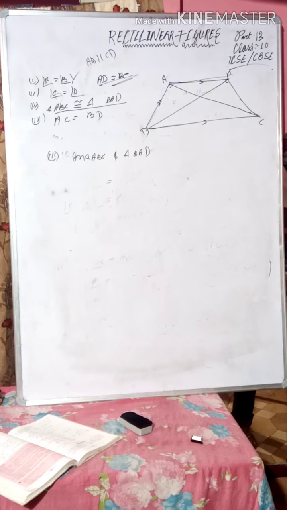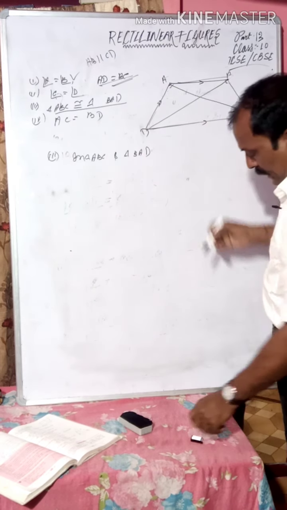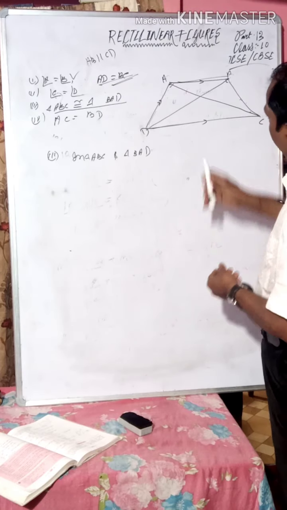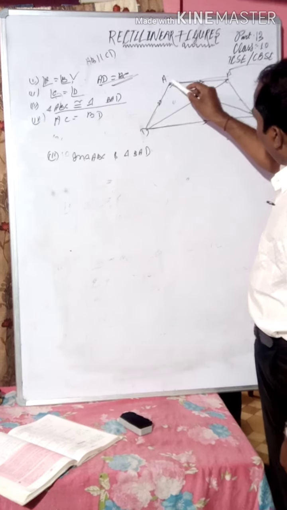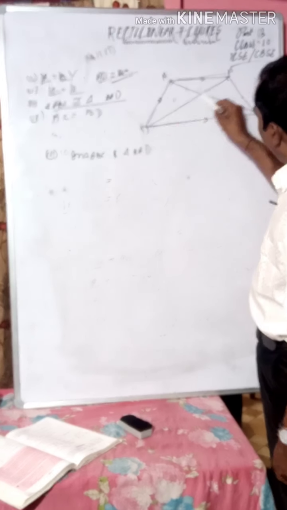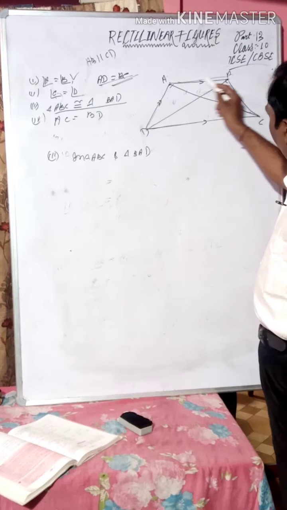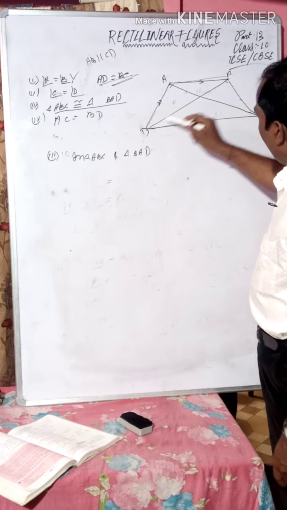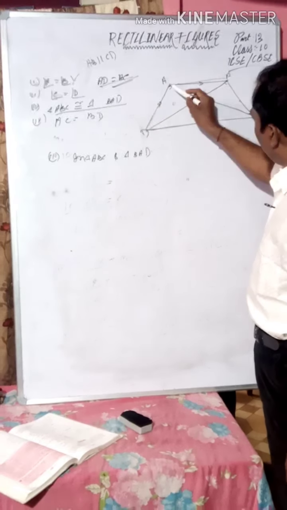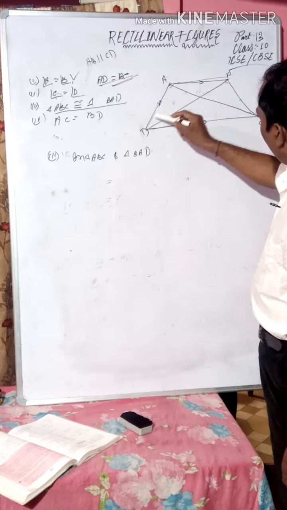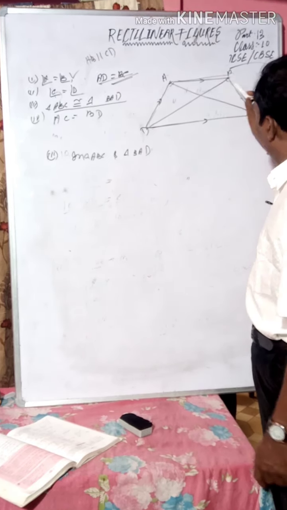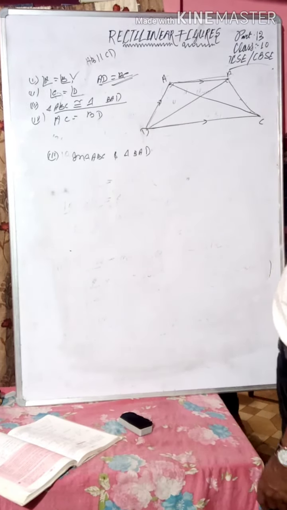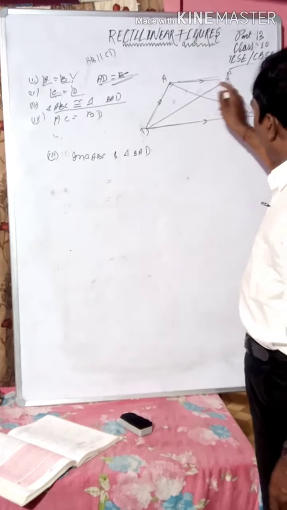Look here. In triangle ABC, and in triangle ABD, angle ABC, angle B is equal to angle A. Then AB is equal to AB.